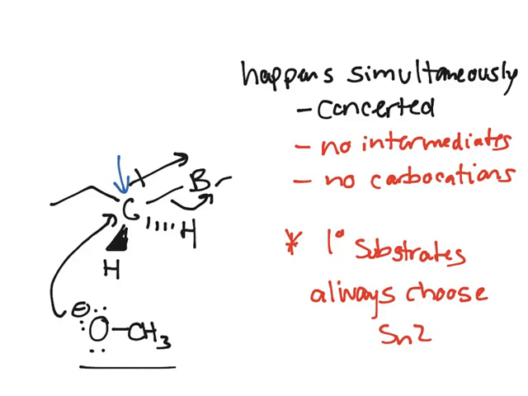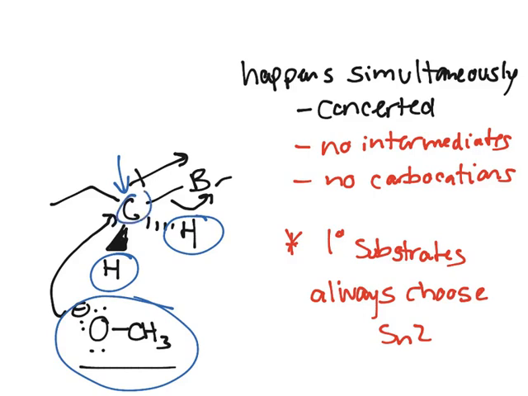But it's important to know that primary substrates, such as this one, always choose this path. And that's because the H's, the hydrogens here, are very small, and so this group can have easy access to this carbon, and there's nothing in the way, so to speak.